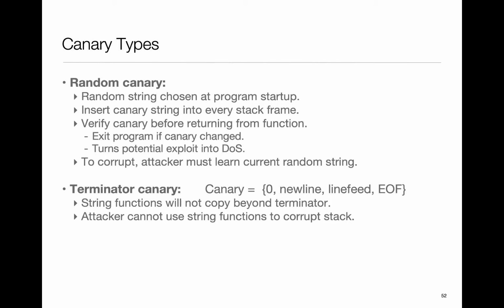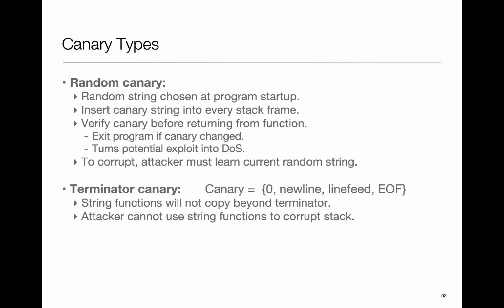But to corrupt this, the attacker would have to learn the current random string, which is very unlikely to predict. And then the other form of canary is called the terminator canary, where it's either zero or newline or a line feed, and this is such that the string functions will not copy beyond this terminator.